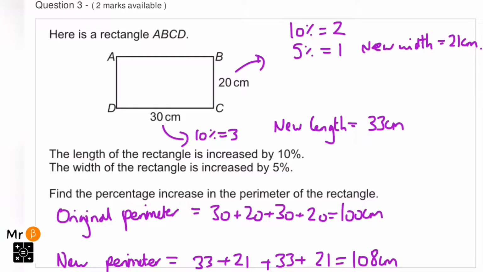So now if we work out the difference between these two things, our difference is 108 subtract 100 divided by our original times 100, and we would get our final answer of 8%. So our increase is 8%.